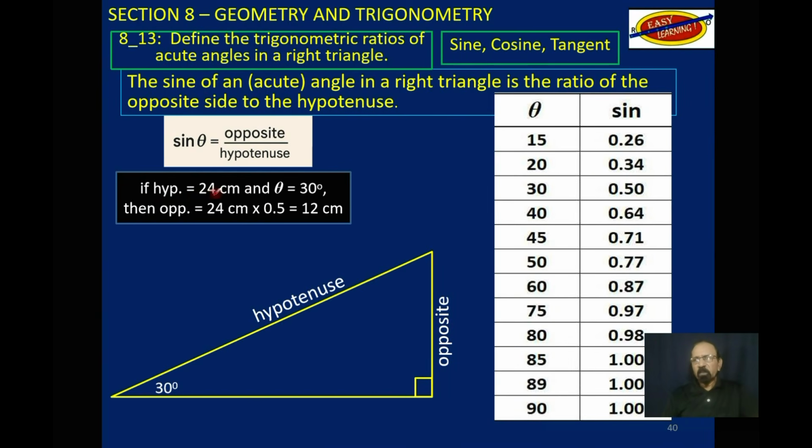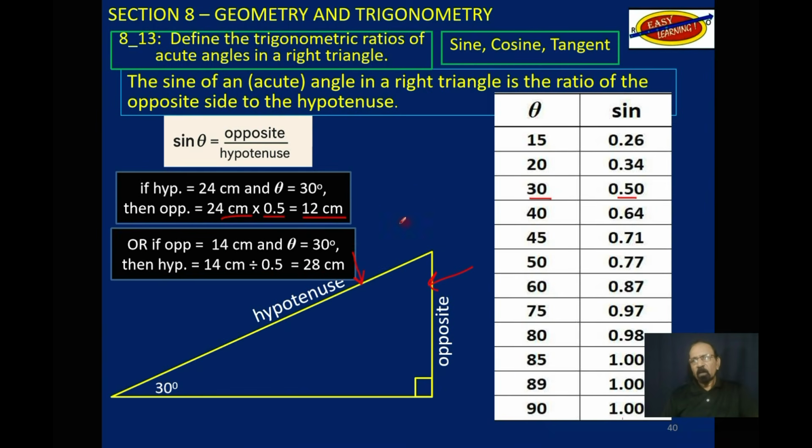Now, if the hypotenuse is 24 centimeters at 30 degrees, then the opposite will be 0.5 of that. At 30 degrees, the sine is 0.5. So if this hypotenuse is 24 centimeters, this will be 0.5 of whatever the hypotenuse is, which would be 12 centimeters.